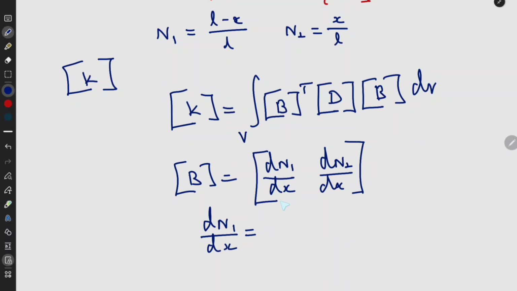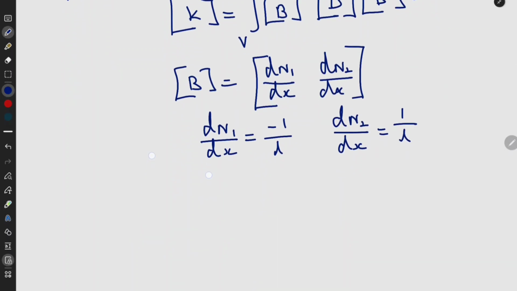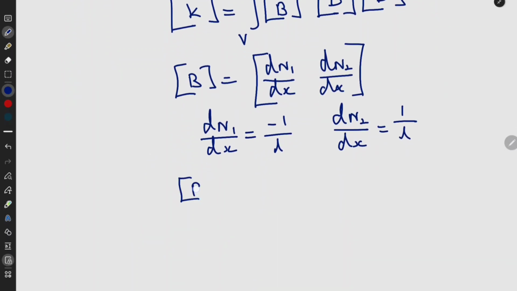If I differentiate this with respect to x, I will get minus 1 by L. Similarly dN2 by dx, differentiating with respect to x, I will get 1 by L. So my B matrix is [minus 1 by L, 1 by L].